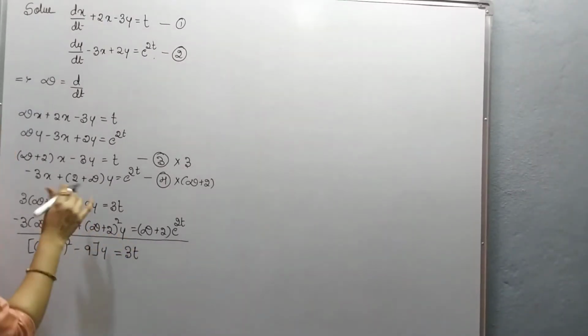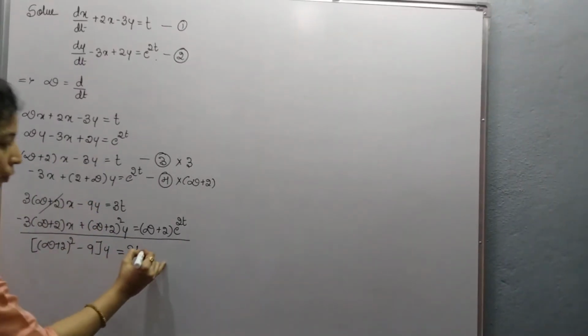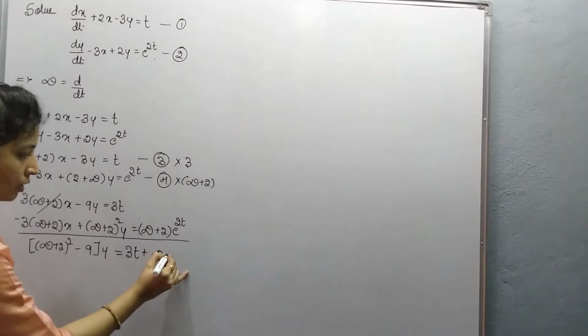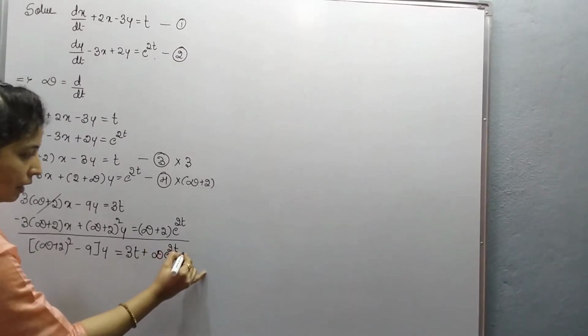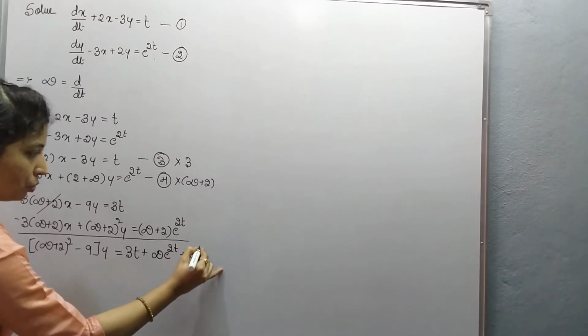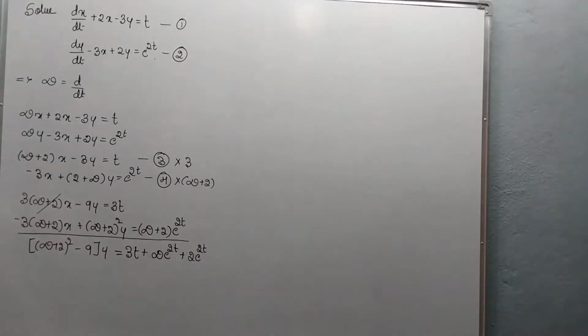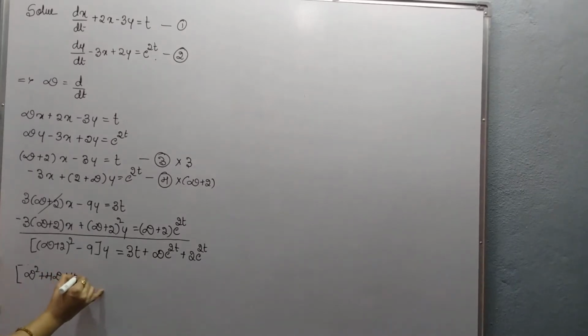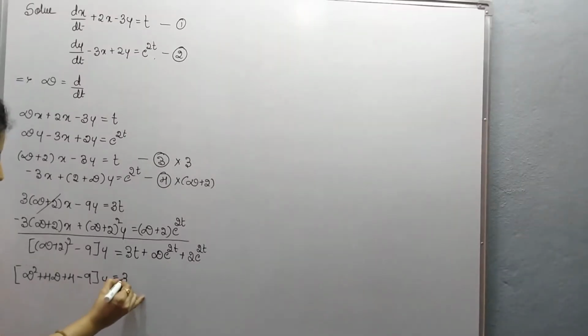Here we add these two equations, so the sign is plus, then D e^(2t) + 2e^(2t). Then expand the terms. (D + 2)^2 becomes D^2 + 4D + 4, minus 9, into y, is equal to 3t.